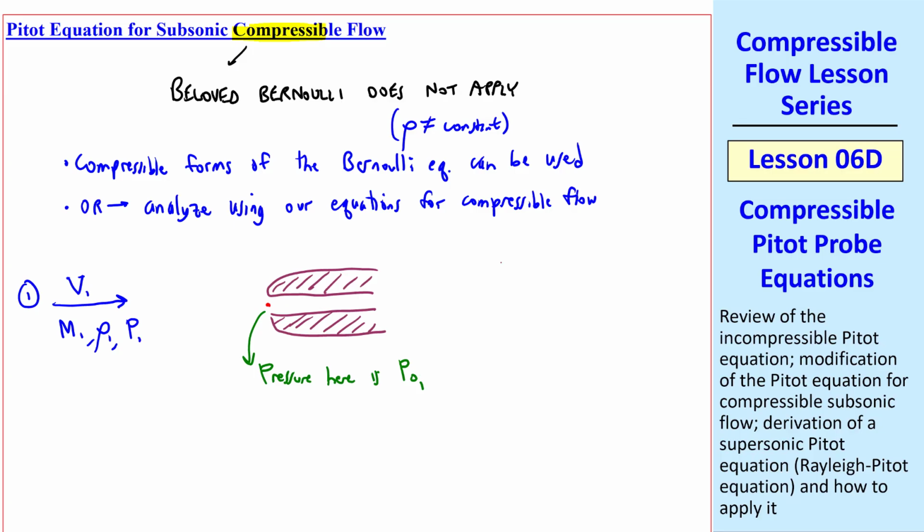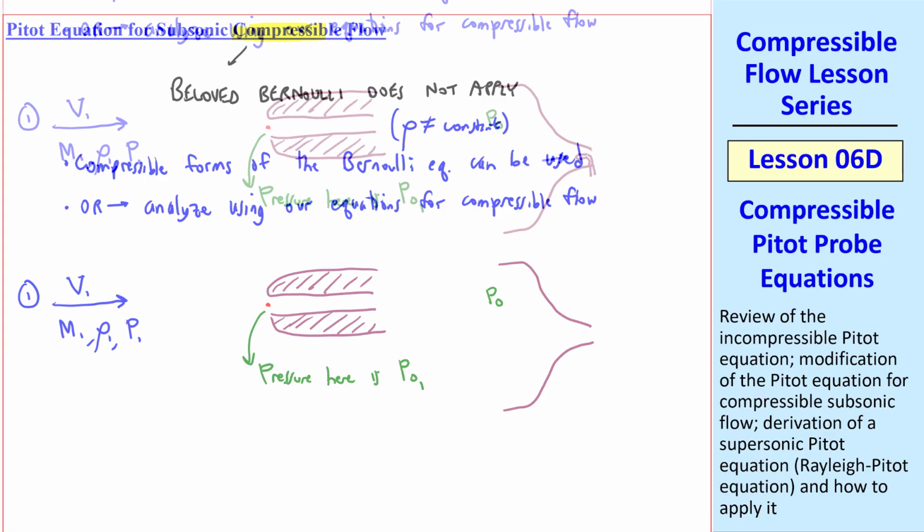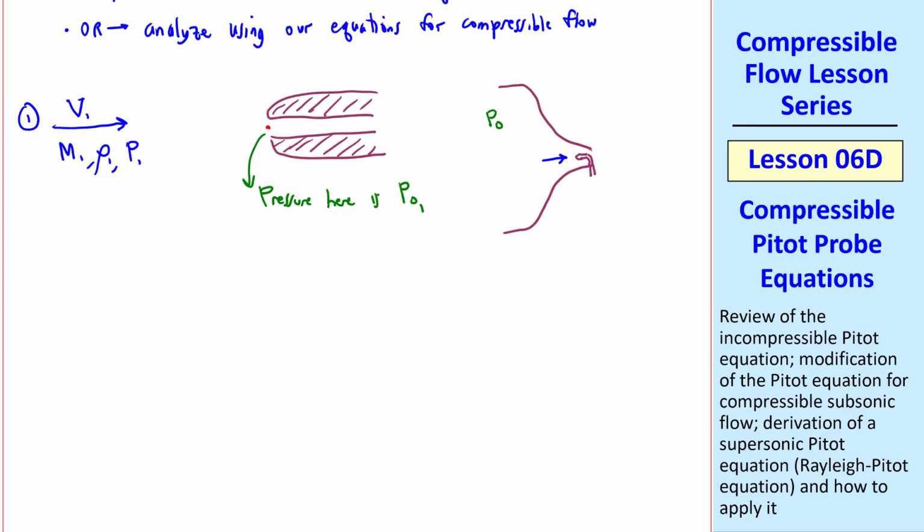And if it makes it easier to visualize, instead of an airplane, consider a converging duct from a large tank with pressure P0, with our Pitot probe inserted into the duct. The flow here will be subsonic, and the pressure at the tip of this probe is P01, where we'll call the tank pressure P01 as well.